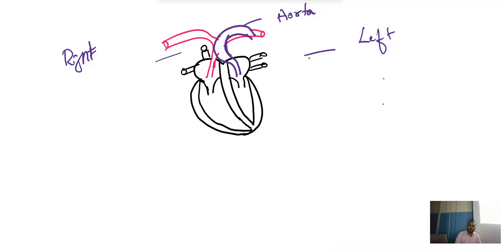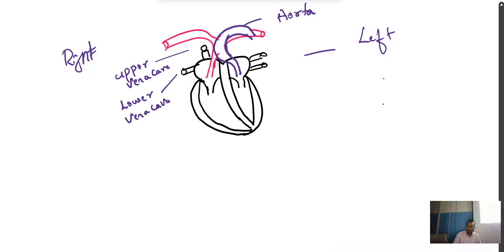This is the upper vena cava. And this is the lower vena cava. These both are vena cava: upper vena cava and lower vena cava.